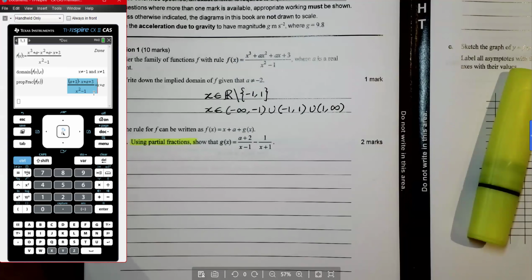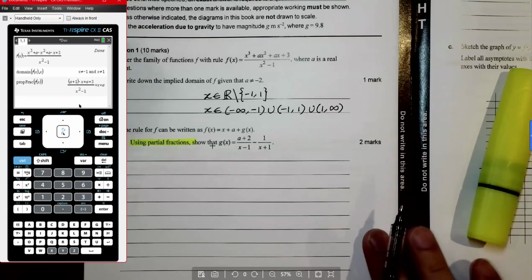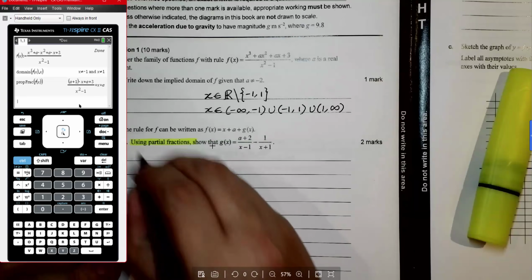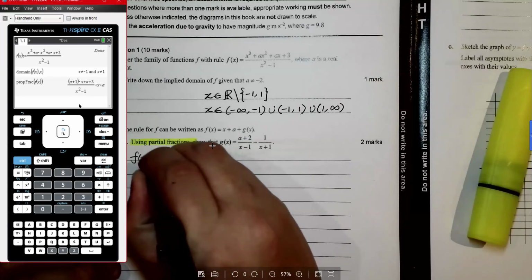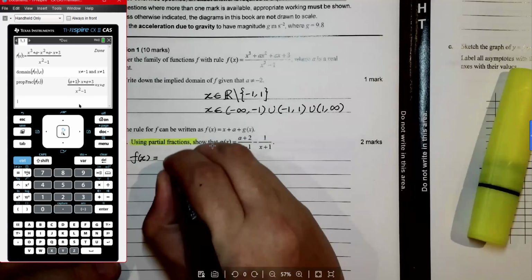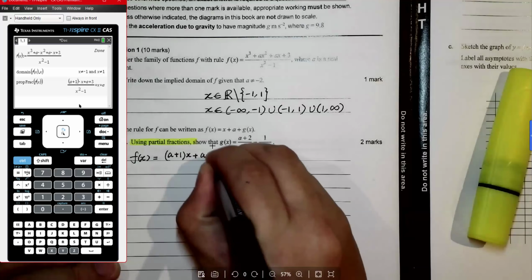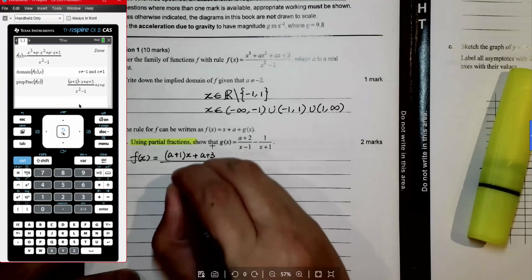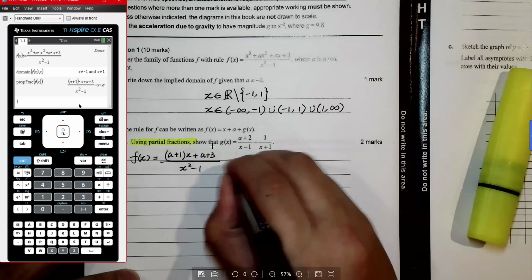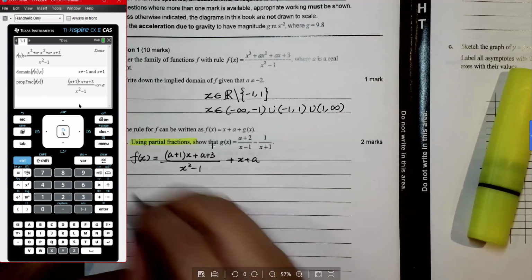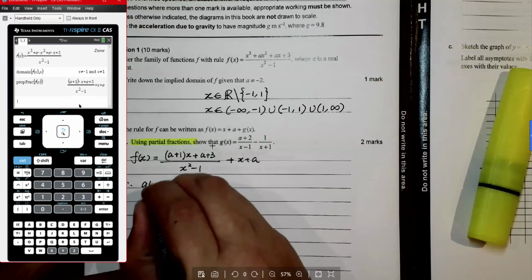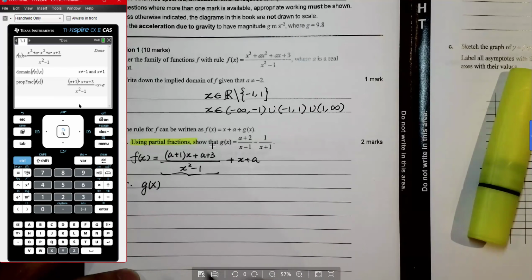So then I need to identify these points by g of x and split that in the partial fraction form. Of course, this is a show that question. I probably need to show some working. This bit is my g of x.